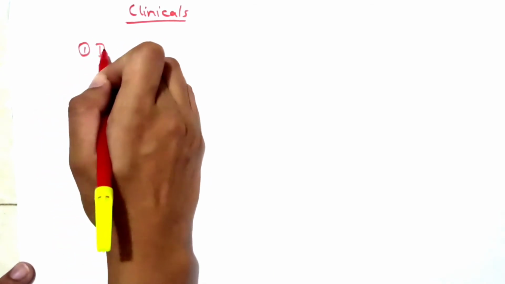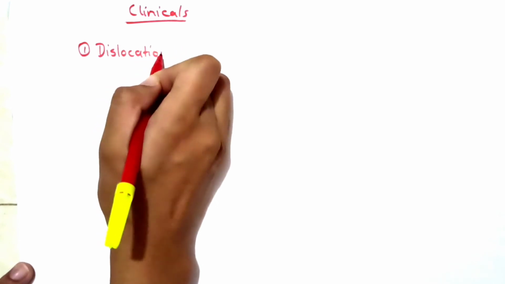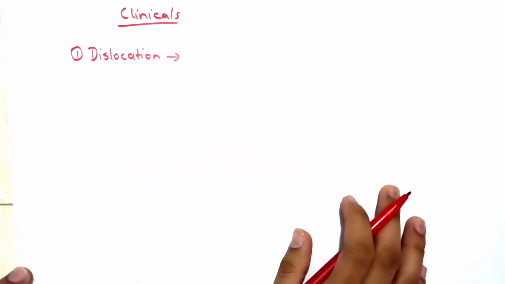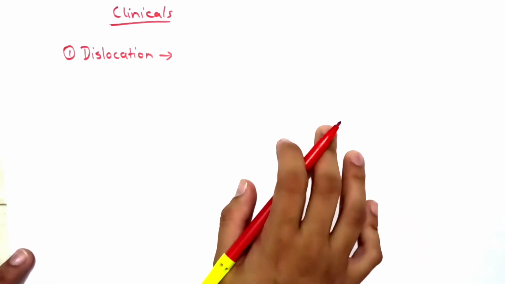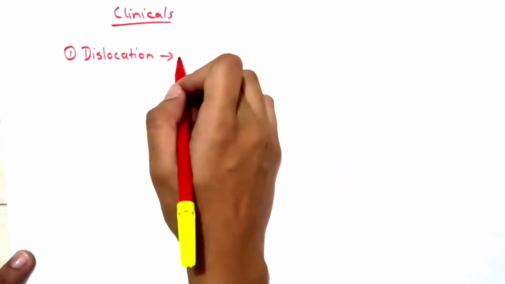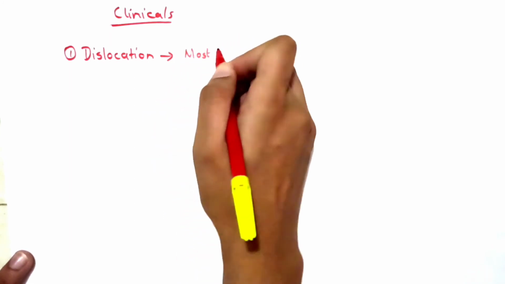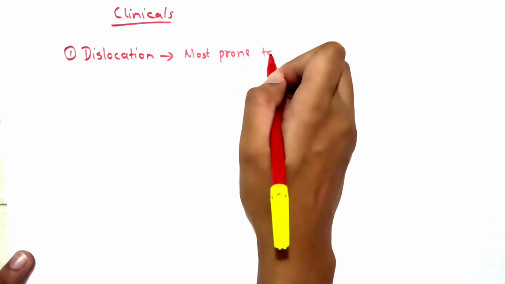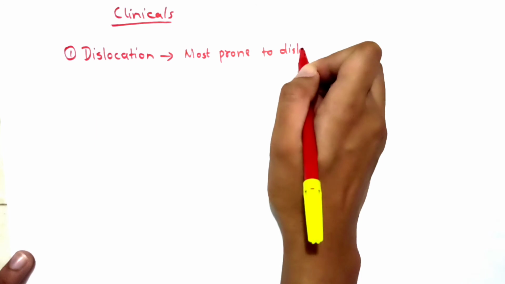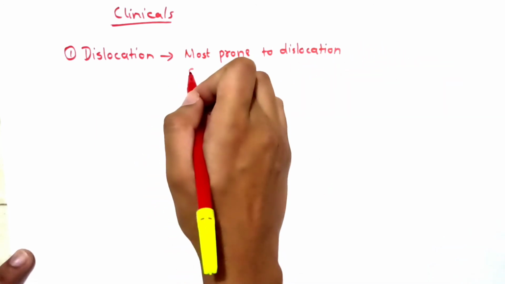The very first point, for any joint, is dislocation. The shoulder joint is the most frequently dislocated joint, the most prone to dislocation, and mainly in abduction.